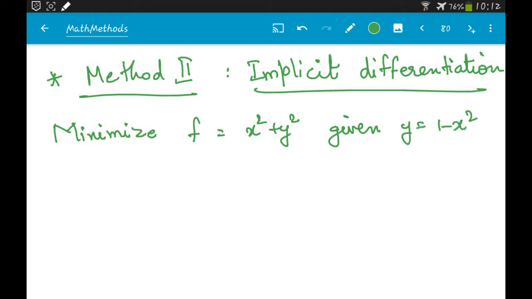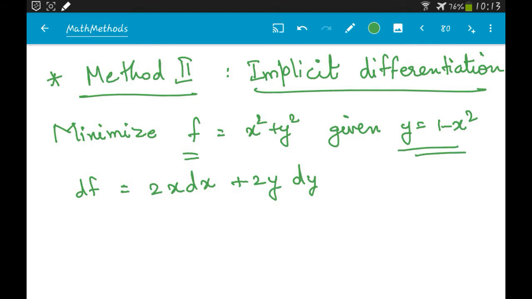Okay, so if we have this f, then let's look at df, which is going to be 2x dx plus 2y dy. Okay, and from here we are going to get dy is equal to minus 2x dx.